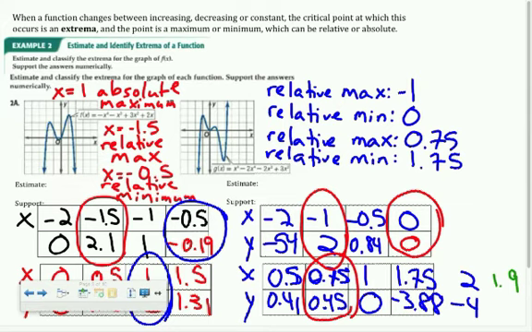So I plug in 1.9 now to the 5th power, minus 2 times 1.9 to the 4th power, minus 2 times 1.9 to the 3rd power, plus 3 times 1.9 squared. And that's negative 4.19.